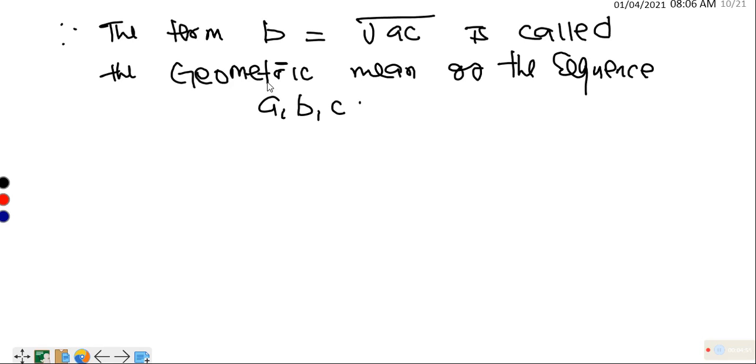You can use it to solve problems. You can also use it to insert a number of terms within a geometric sequence. So let's consider these examples.